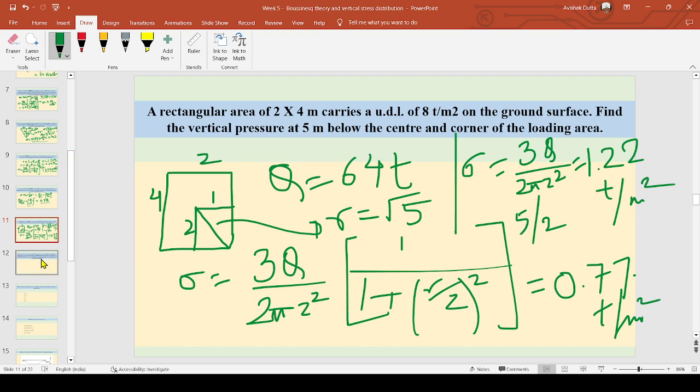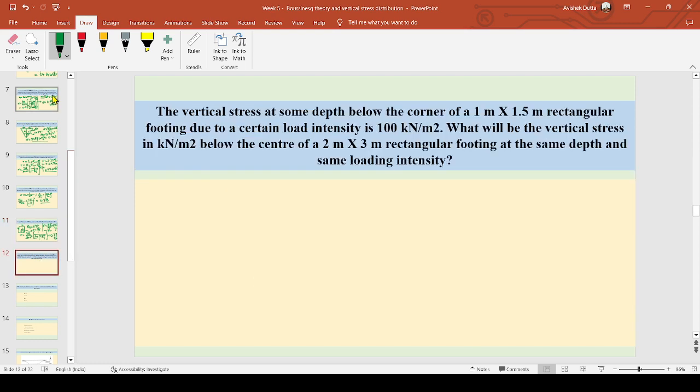Okay, next question: the vertical stress at some depth below the corner of a 1 by 1.5 rectangle.